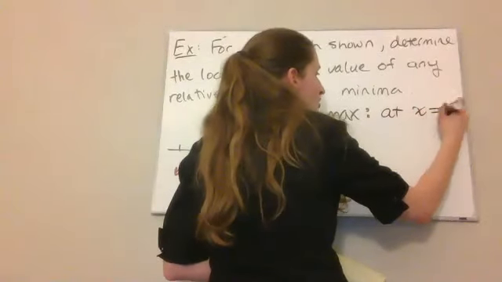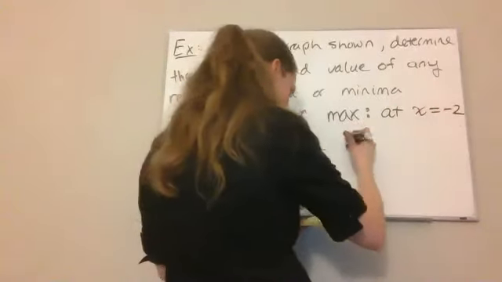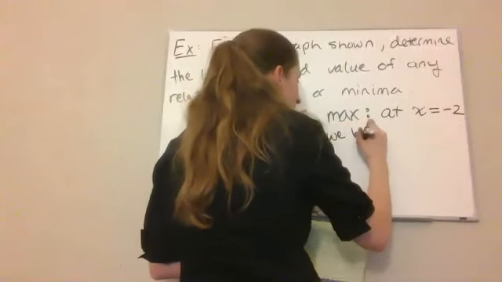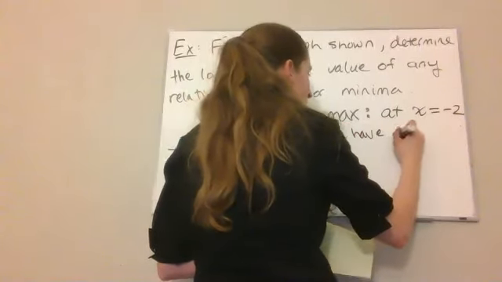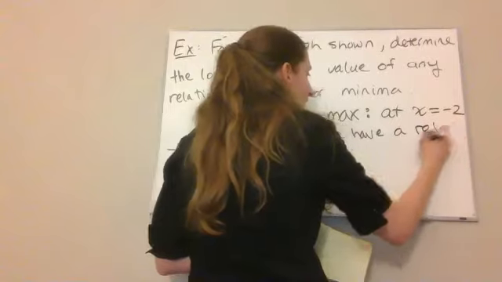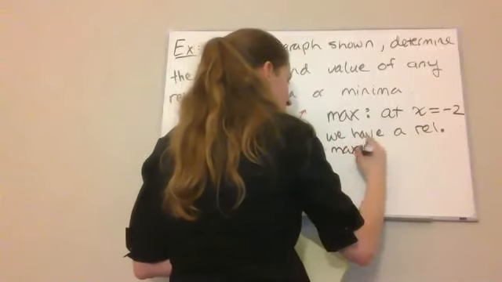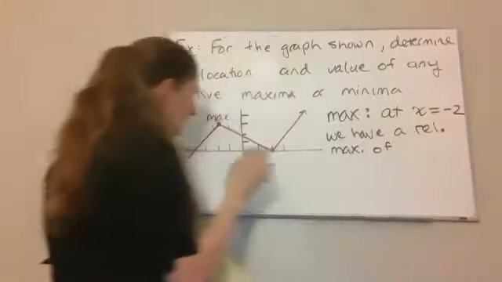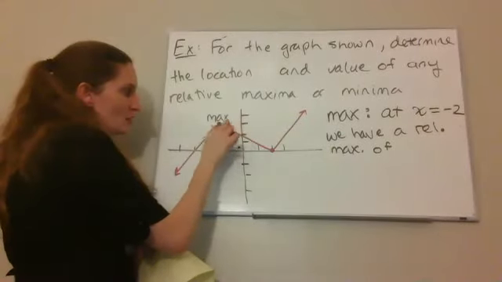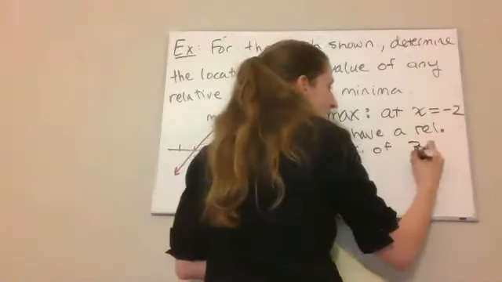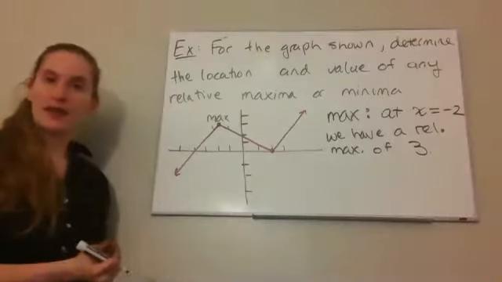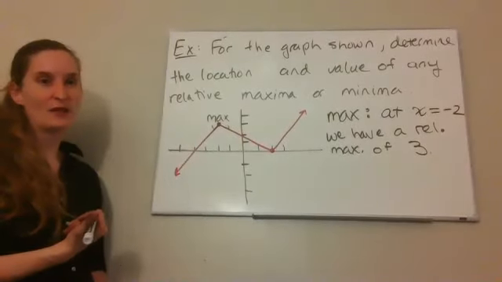That's our location. At x equals -2, we have a relative maximum of the y-coordinate, which is 3. So the value is 3, and the location is at x equals -2.